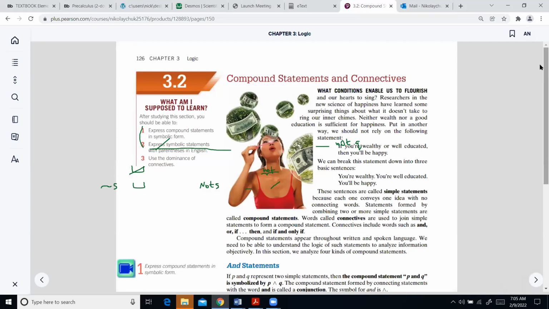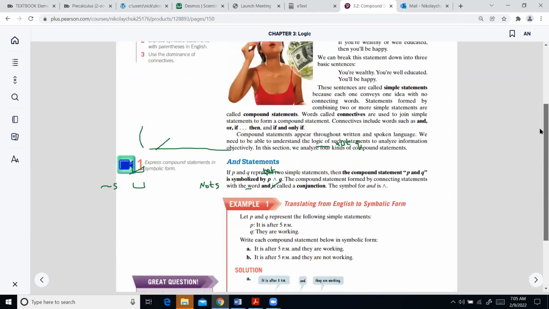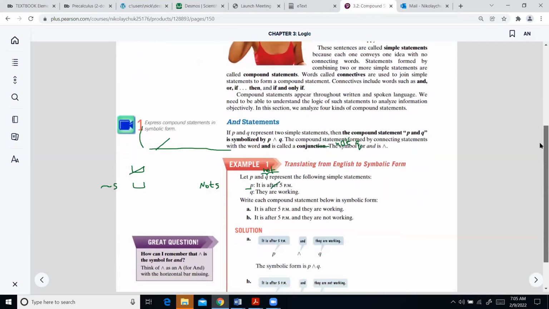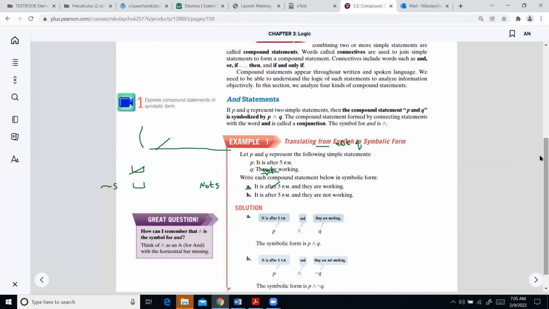There are some more symbols that the next section provides for us, and those will very closely correlate with Venn diagrams.